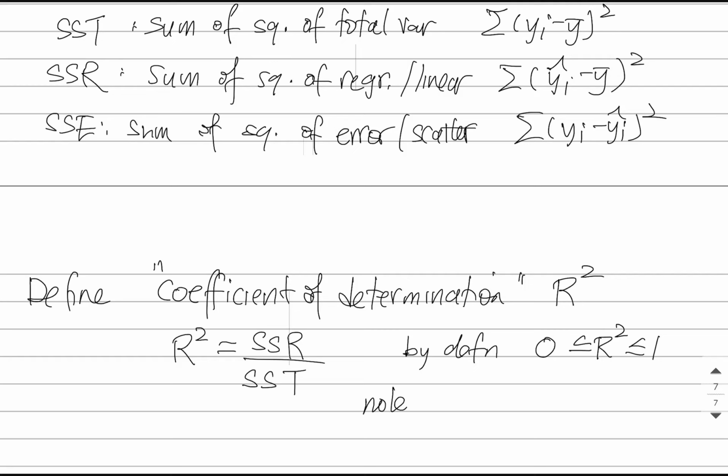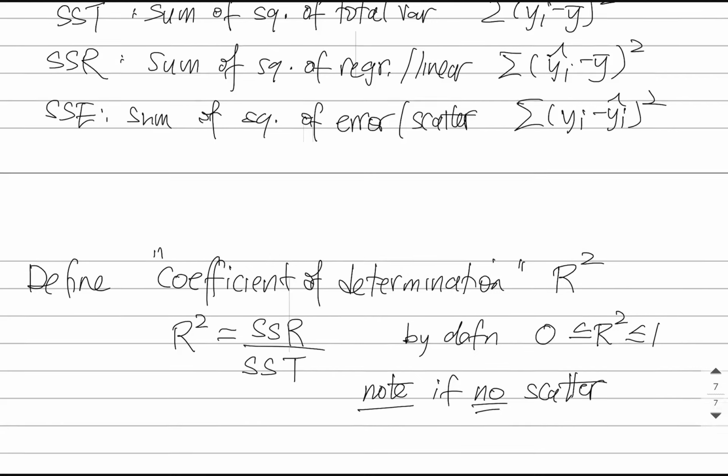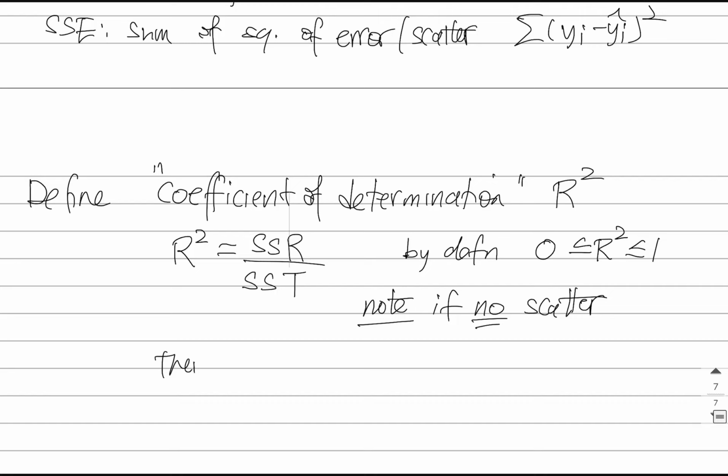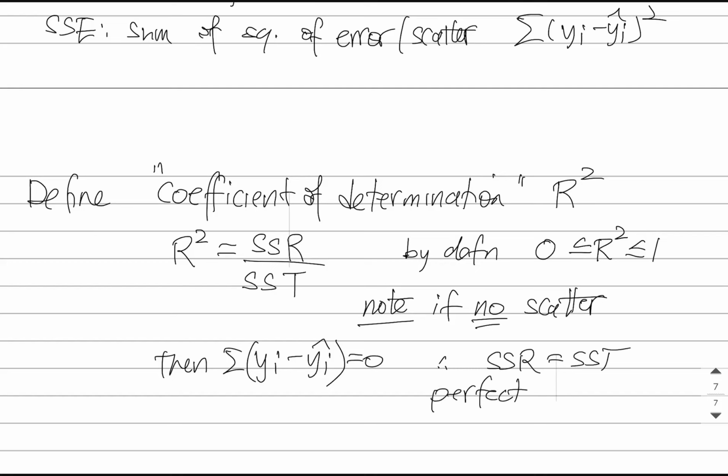And note, if there is no scatter, then all of these yi minus yi hats are 0, and their sums are all 0, and that means SSR is equal to SST. It's a perfect line, and that means R squared would be equal to 1.